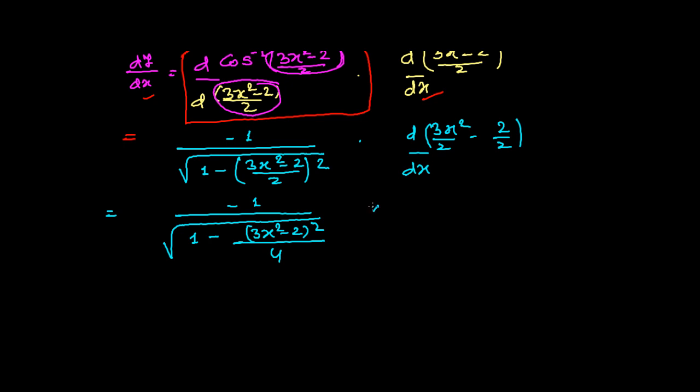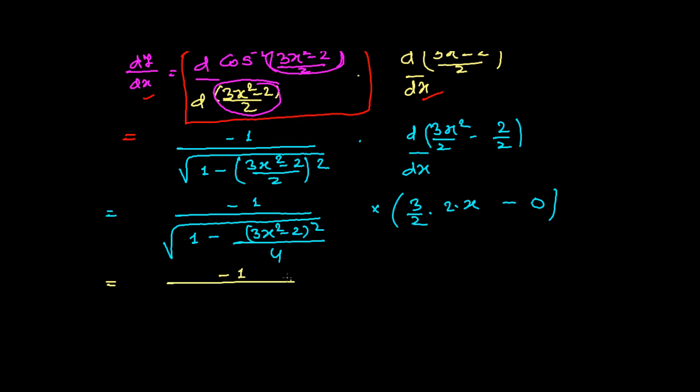And now for 3x squared by 2, it is 3 by 2, and the derivative of x squared is 2 times x, and the derivative of 2 by 2, that is 1, is a constant quantity, so it will be 0.